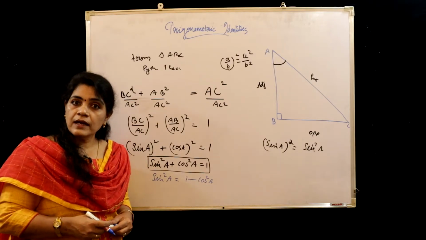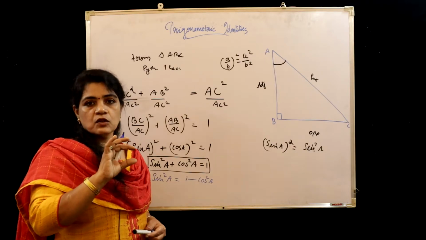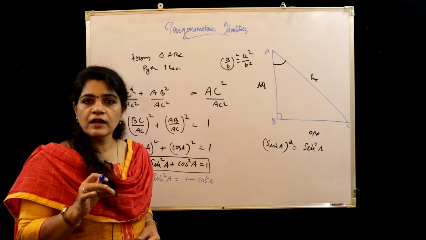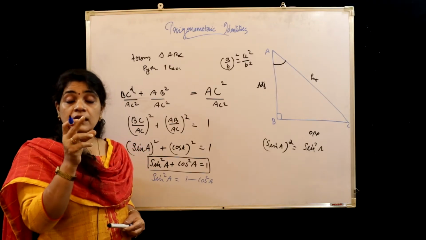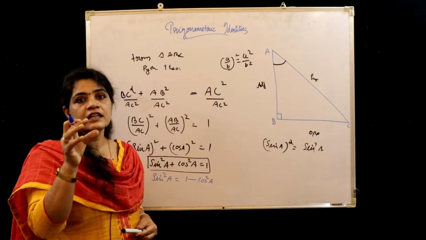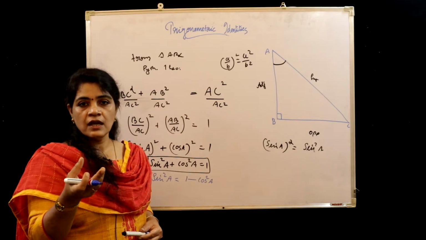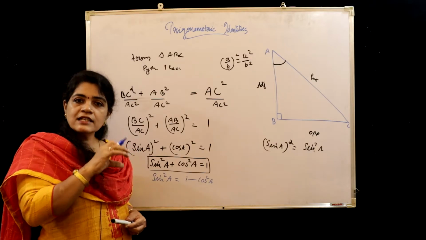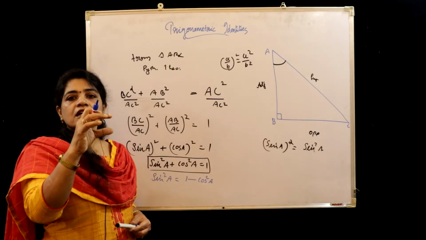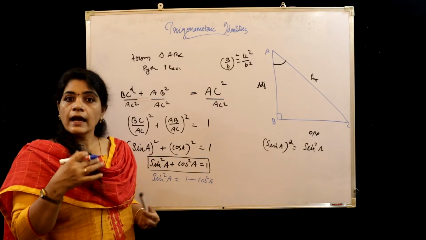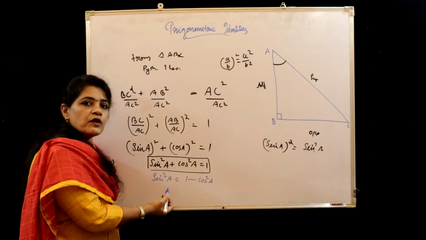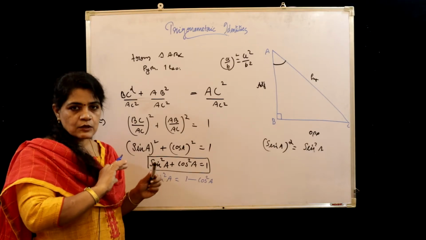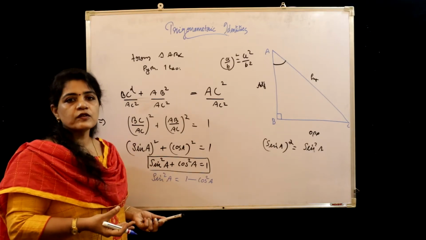So you can substitute for sine square A in terms of cos square A. We learned how to write tan A in terms of sine A and cos A, the quotient relation: tan A equal to sine A by cos A. The same way we can express sine square A in terms of cos square A, and if sine square A is this, sine A is the square root of this. So you can express sine and cos A using the first identity.